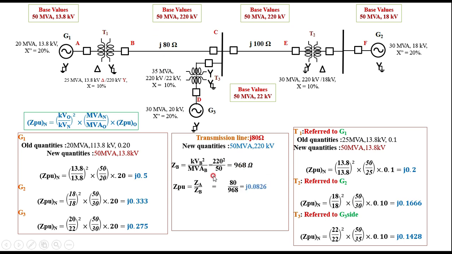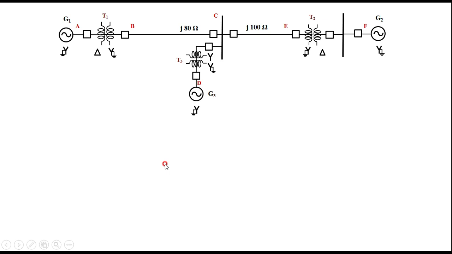Then dividing the actual value by the base impedance, that is 80 by 968, I am getting 0.0826 as the per unit value of the J80 line, and for the 100 ohm line what I am getting is 0.1033.